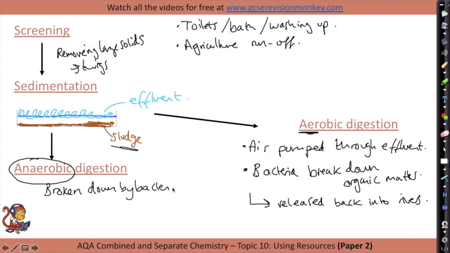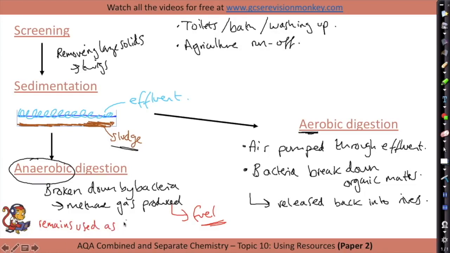But in this process, methane gas is produced. Rather than releasing this into the atmosphere, which is a greenhouse gas which we wouldn't want, this is then used as a useful fuel, and then the remains are used as fertiliser and put back onto the land.